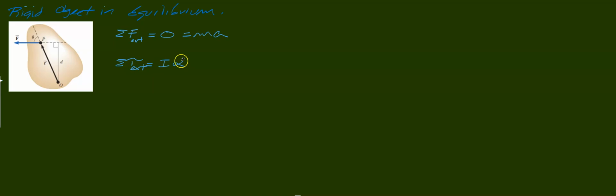In order for the angular acceleration to be zero, we need the net external torque to be zero. And that's it. These are the two conditions that need to be met to have a rigid object in full equilibrium. No net force, no net torque.